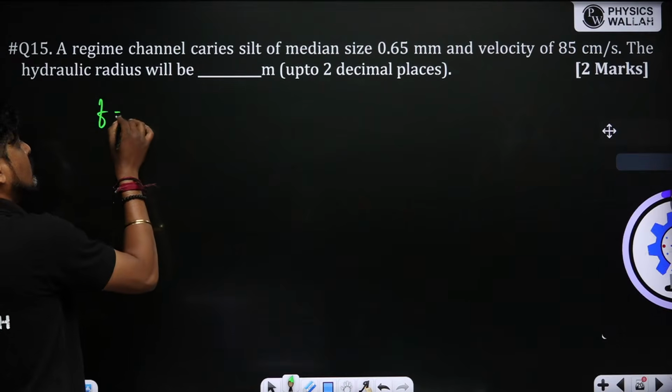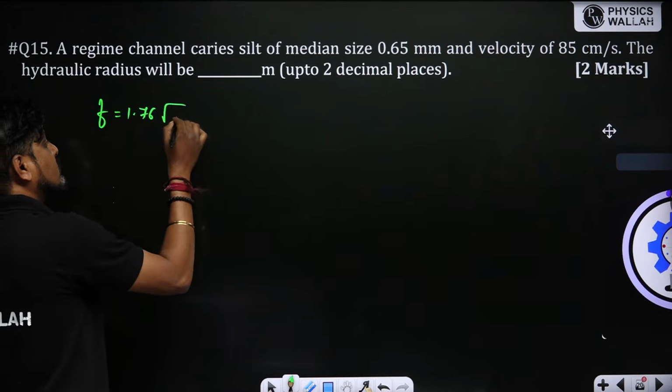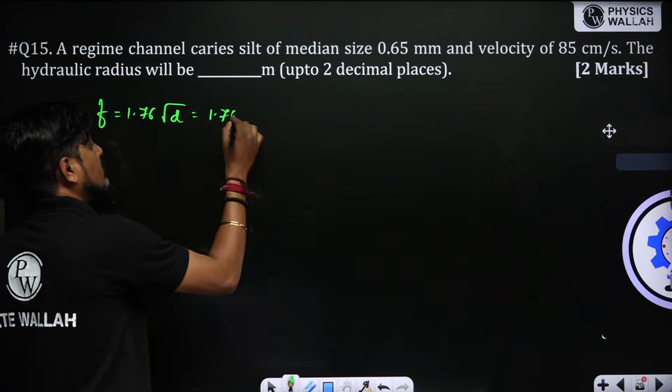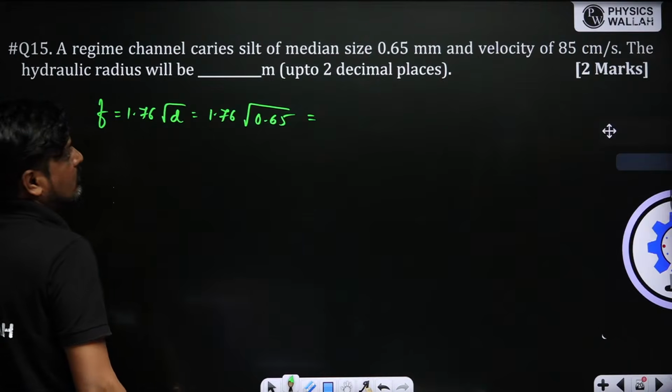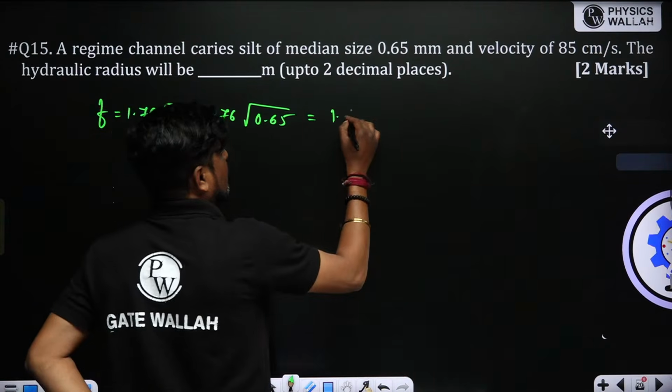First, the F value: 1.76 square root of D, 1.76 square root of 0.65. So this is equal to 1.419.